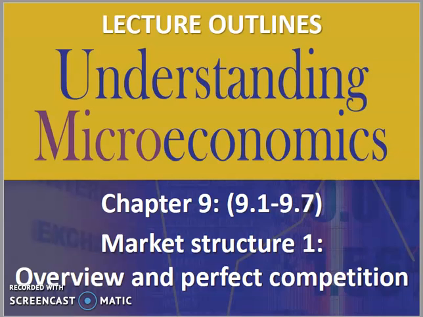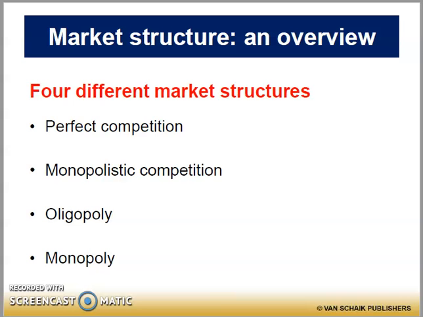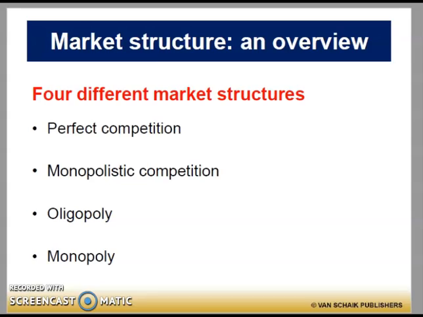We are also going to introduce you to 4 standard forms of market structure. That is perfect competition, monopolistic competition, oligopoly, as well as monopoly. The behavior of a firm depends on the features of the market in which it sells its product, as well as the production cost.